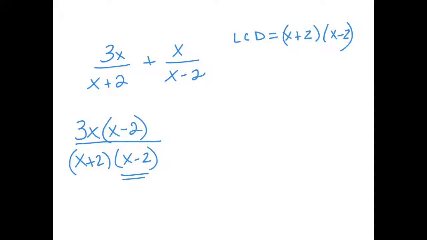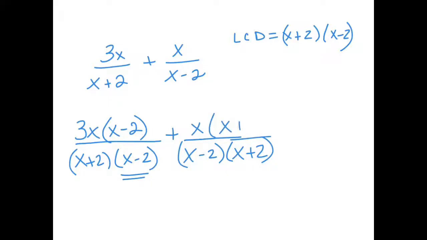I'm just going to take the yellow away so that I don't mix our answer up. I'm going to do the same thing with my second fraction. My original fraction is x over x minus 2. I'm going to multiply x minus 2 by x plus 2, and whatever I multiply my denominator by, I also have to multiply my numerator by.